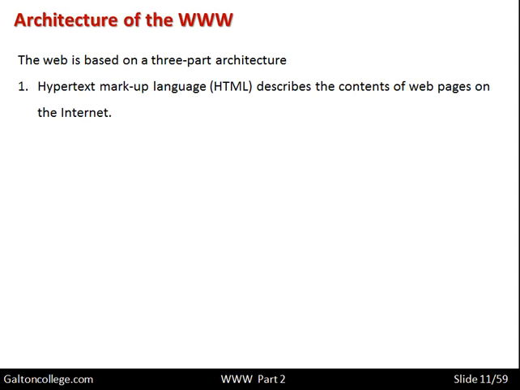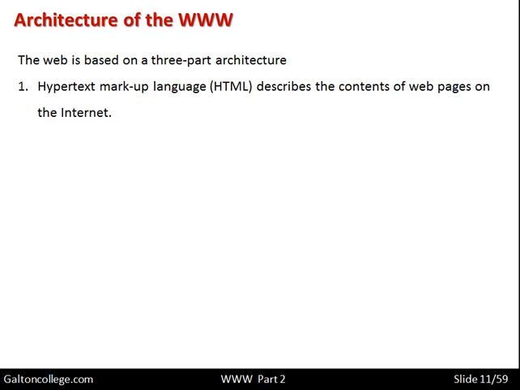Now, the architecture of the World Wide Web. Well, the web is based on a three-part architecture. For a start, we have the hypertext markup language, HTML. Now, HTML is what defines each web page. Each web page is developed according to the rules of HTML.